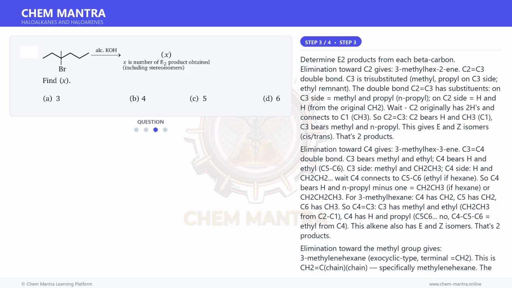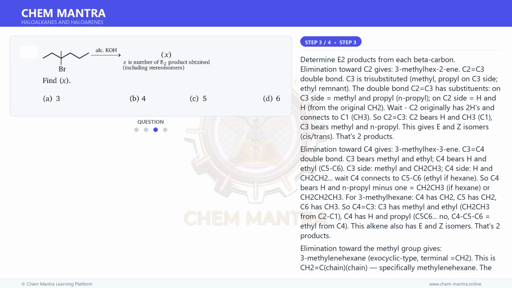Determine E2 products from each beta carbon. Elimination toward C2 gives 3-methylhex-2-ene. C2=C3 double bond. C3 is trisubstituted, methyl and propyl on the C3 side. On the C3 side the substituents are methyl and n-propyl. Wait, C2 originally has 2 H's and connects to C1, CH3.